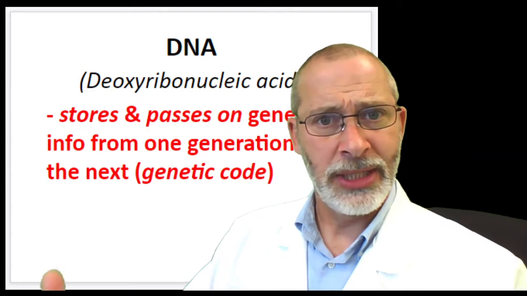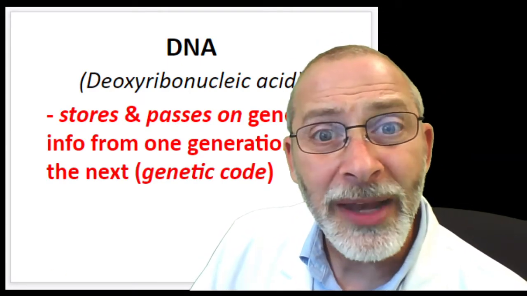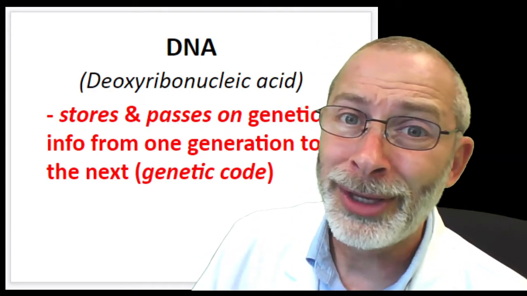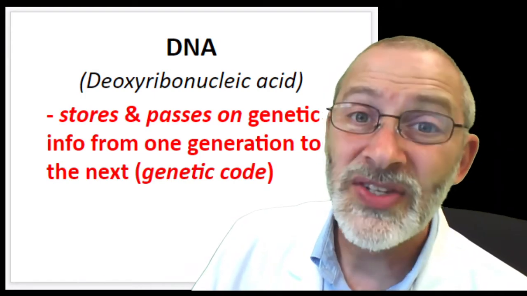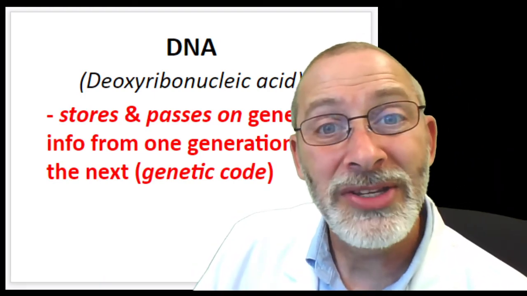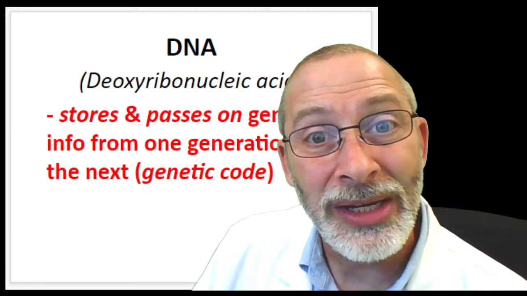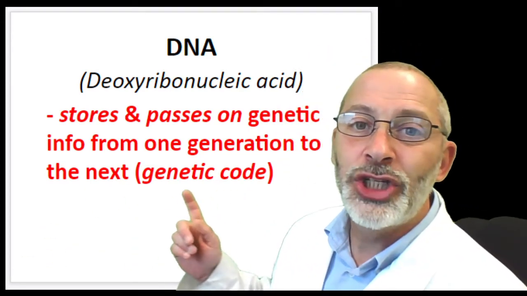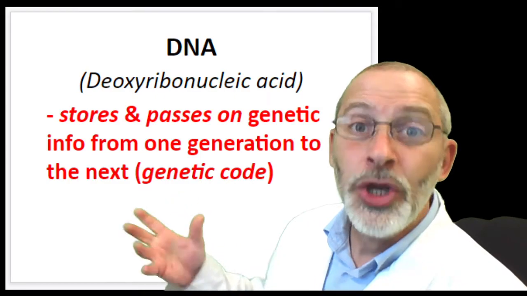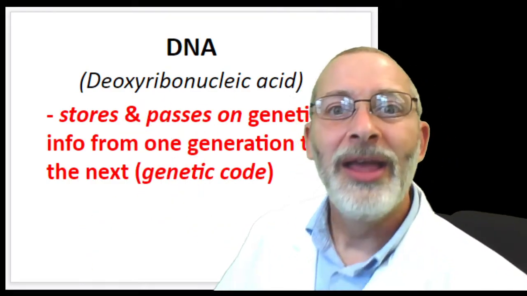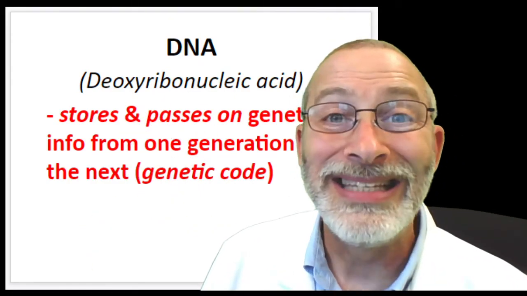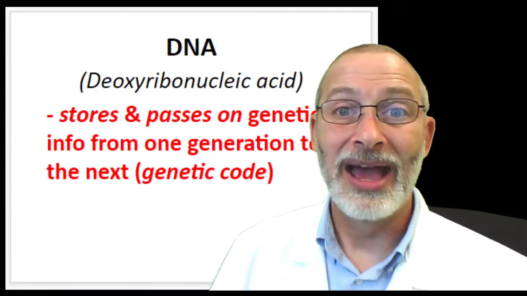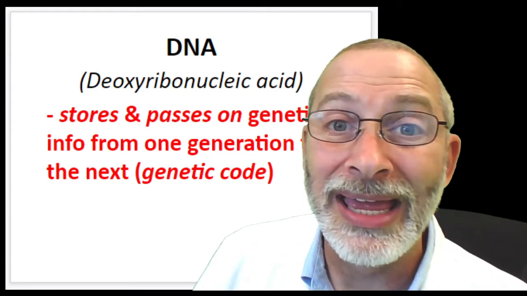You want your own individual identity, but other people that look at my family see similar characteristics that exist between us. Why? Because we share part of the genetic code. We share parts of our DNA, our deoxyribonucleic acid.